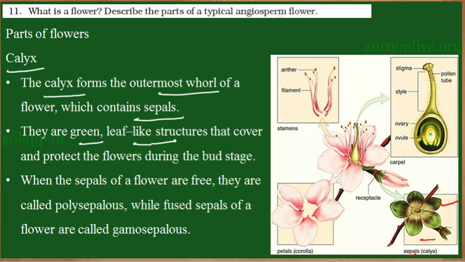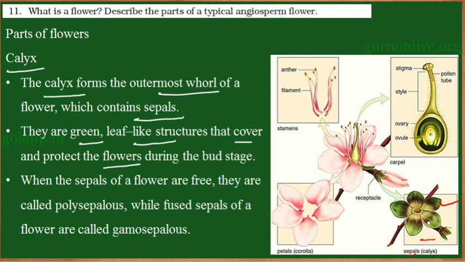They are green, leaf-like structures, and their main function is protection. They cover and protect the flower during the bud stage, so the entire bud is covered by the sepals.